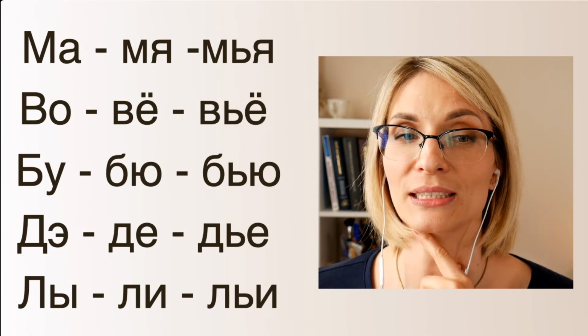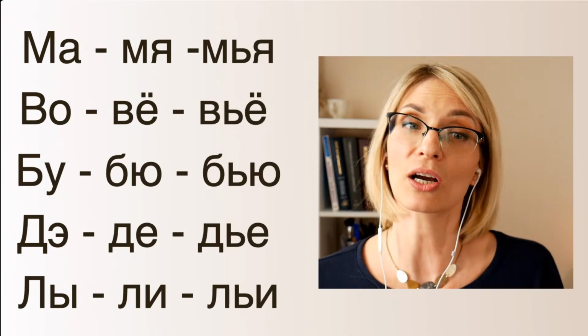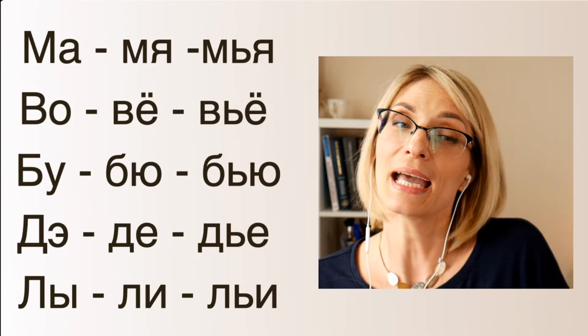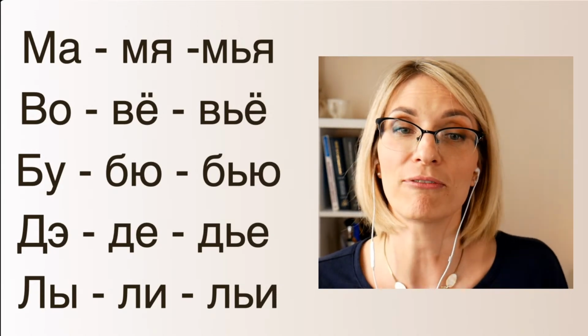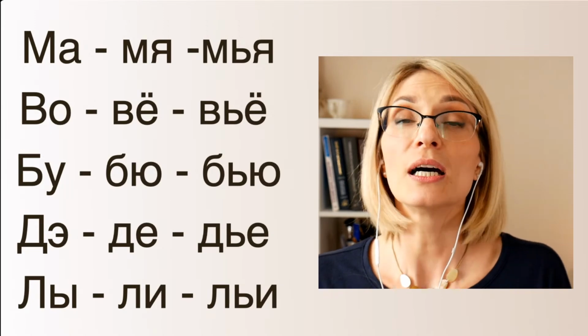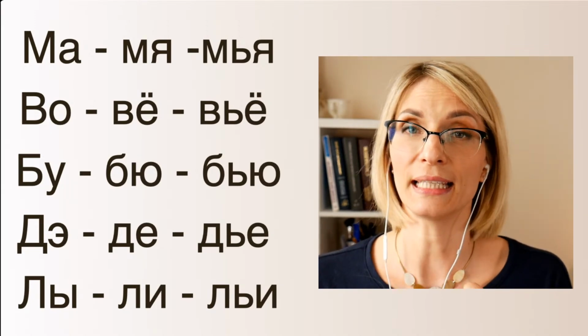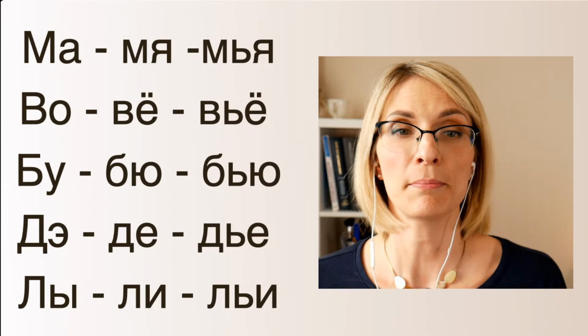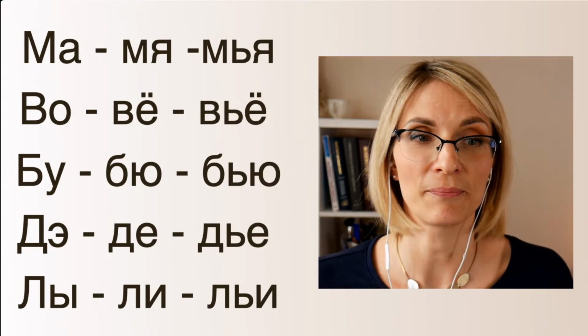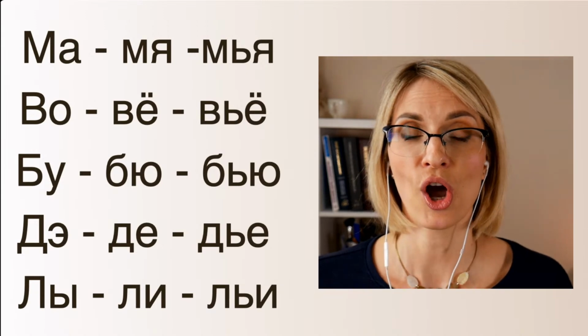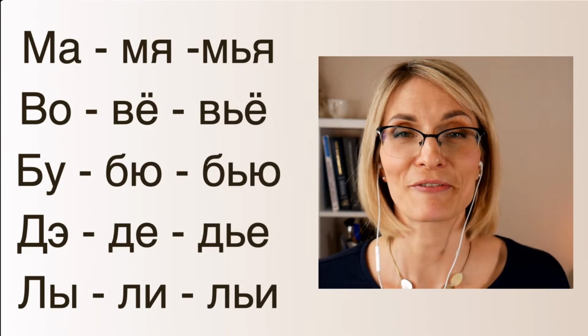mya. Now my soft sign is in between a consonant and the vowel, and its job is to soften the previous consonant, and my vowel ya now denotes two sounds, yi and ah. Mya, mya. Vo, vyo, vyo.